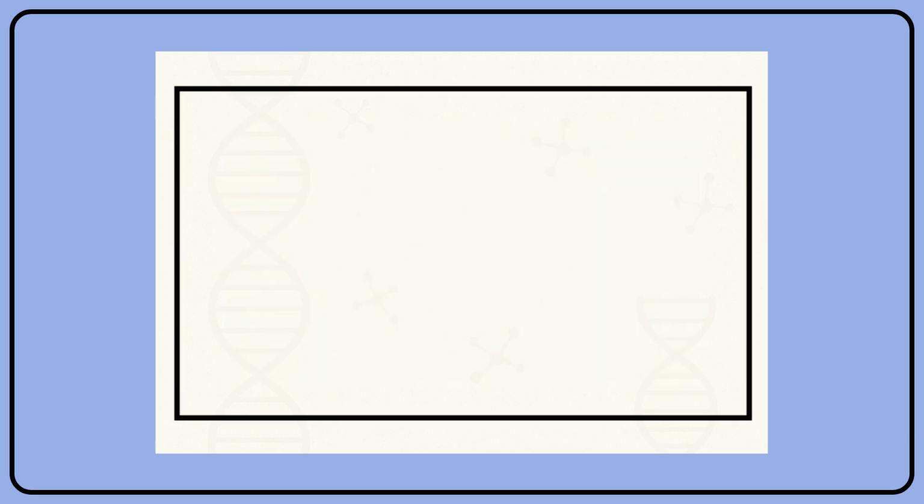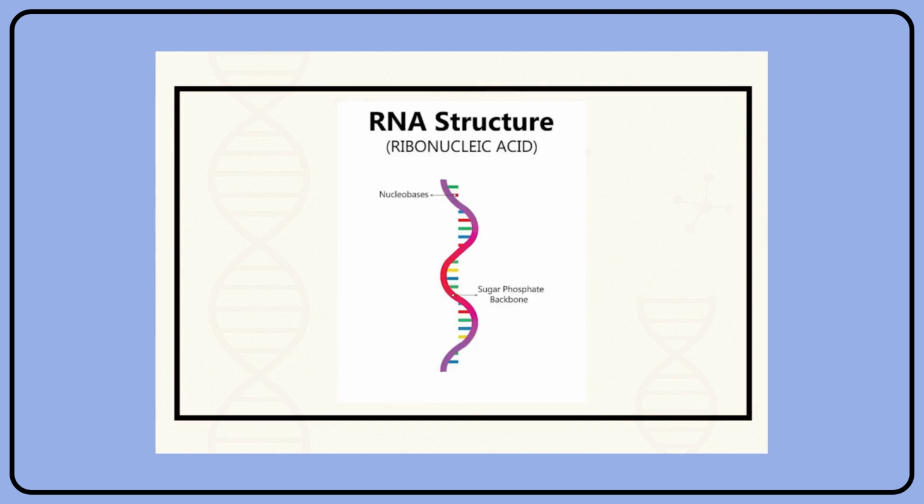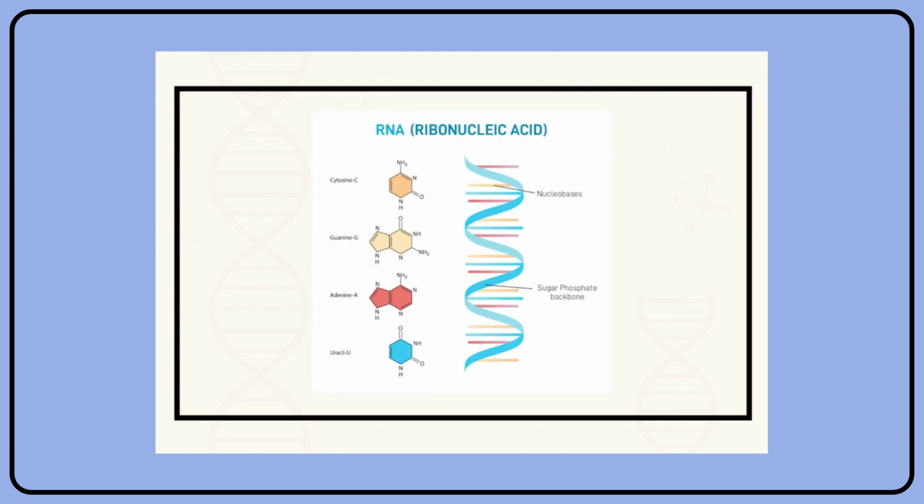Now let's talk about DNA's close relative, which is the RNA molecule, or ribonucleic acid. While DNA is the long-term storage unit in the nucleus, RNA is a temporary working copy that acts as a messenger. The main differences are that RNA uses a different sugar, which is ribose, and a different base, which is uracil instead of thymine.